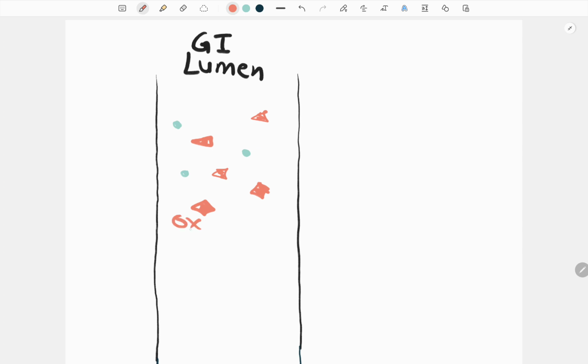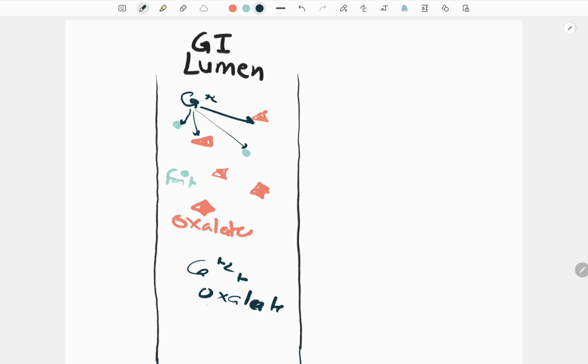These are the oxalate molecules, and these are the fats. Now calcium comes and binds to the fat molecules as well as the oxalate molecules. When calcium and oxalate bind, it is usually excreted in the feces.